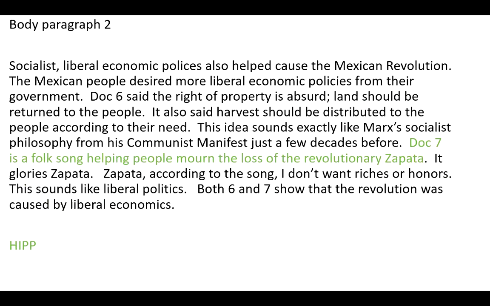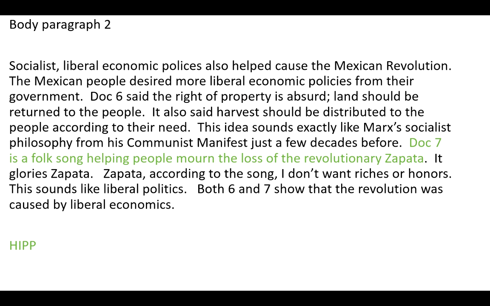Now, for me, it's liberal economic policies. Socialist liberal economic policies also helped to cause the Mexican Revolution. That's my topic sentence. The Mexican people desired more liberal economic policies from their government. Document 6 said the right of property is absurd.